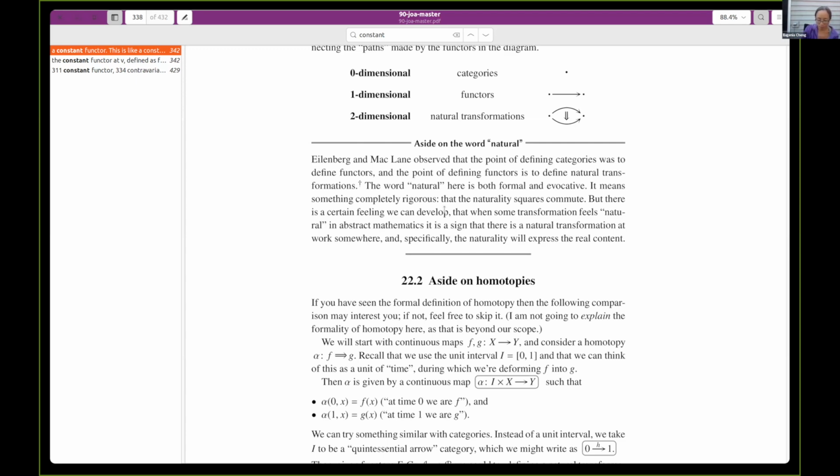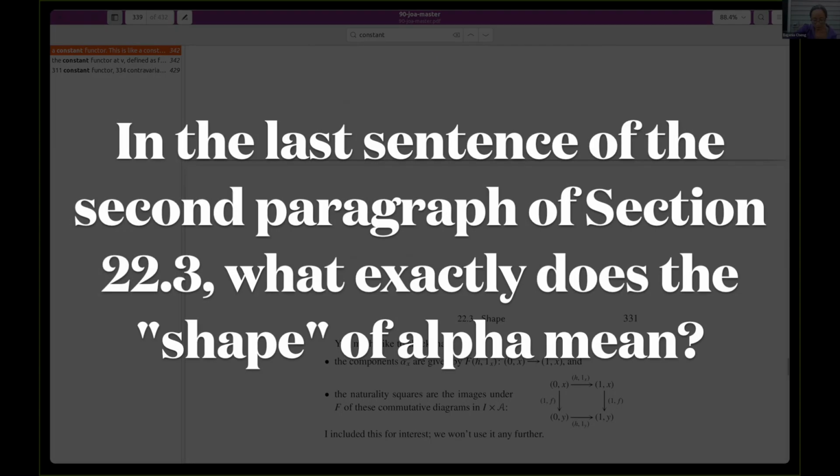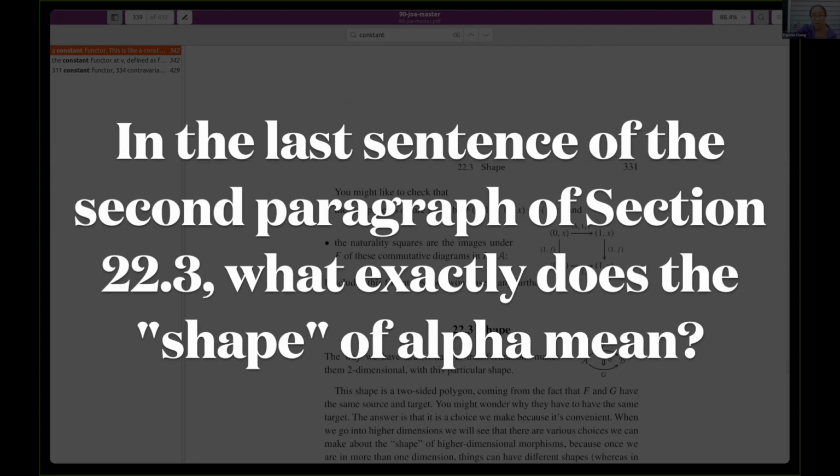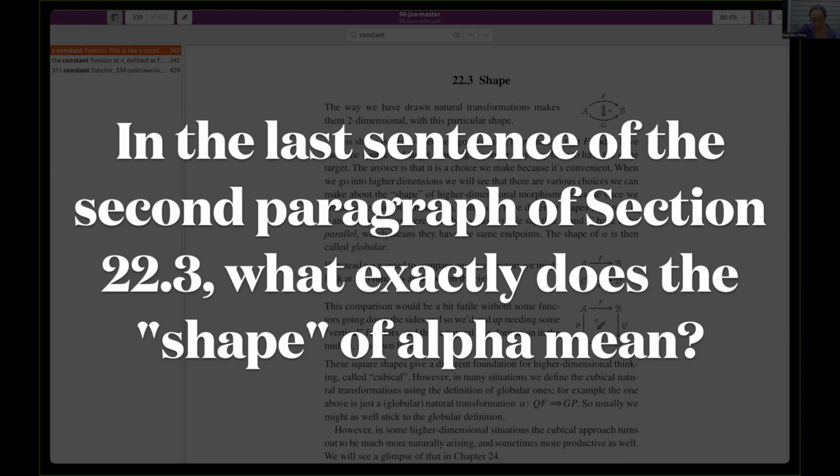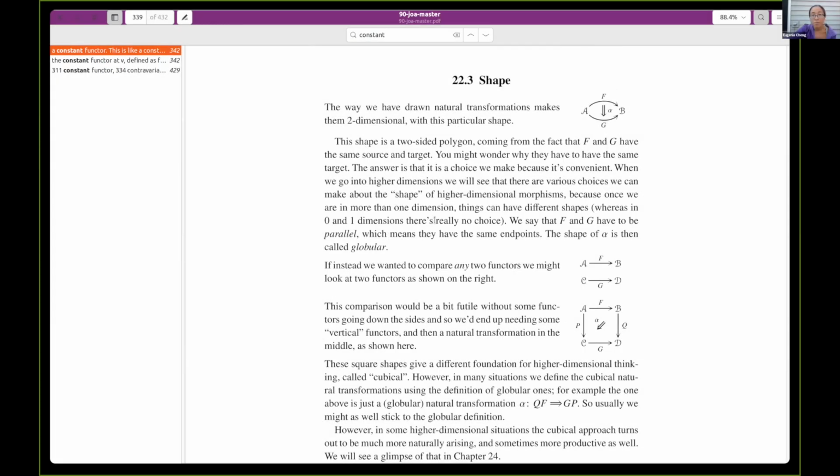Okay, great question. Okay, page 331, last sentence of the second paragraph of 22.3. What does the shape of alpha mean? Well, it's this shape, the shape that it makes on the page. More abstractly, you can think of it as literally the shape you see on the page, but more abstractly, it is what the boundaries are.